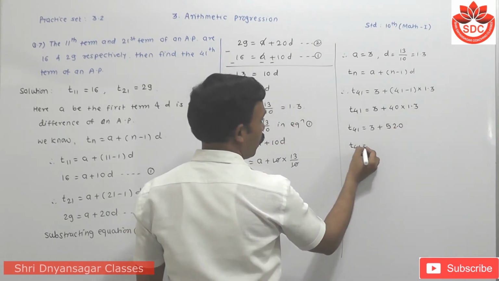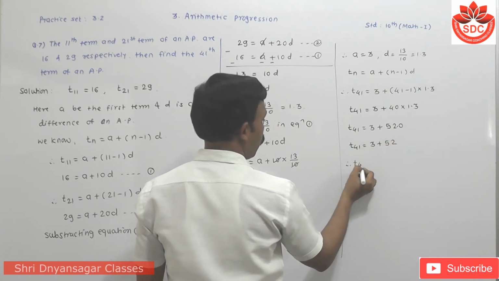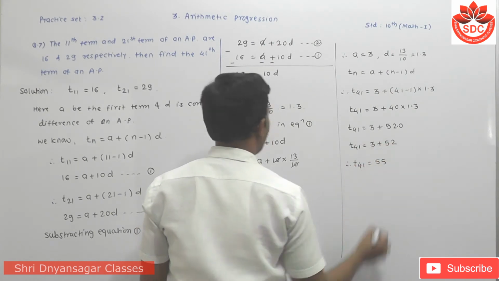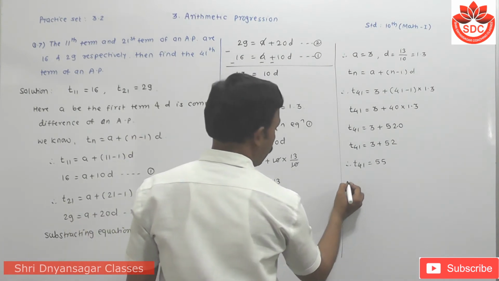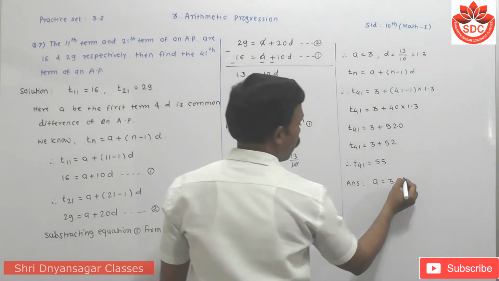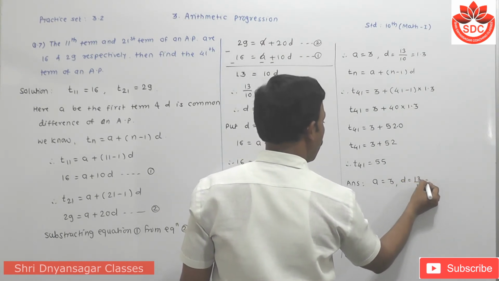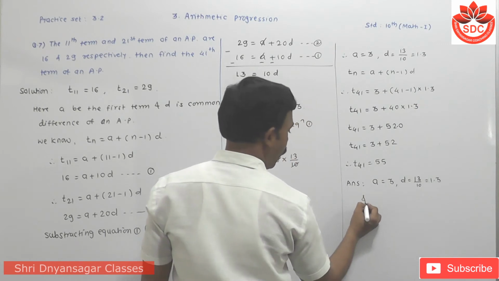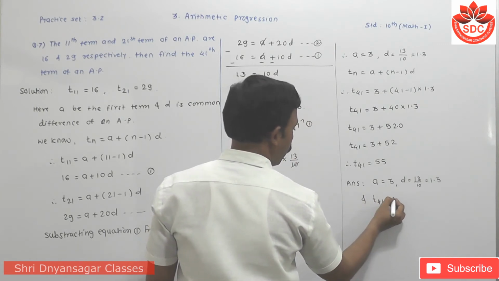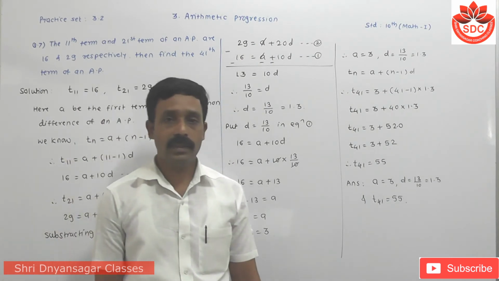Then t41 is equal to 3 plus 52, means t41 is equal to how much? 55. So the answer in full sentence: a is equal to 3, d is equal to 13 upon 10 or 1.3, and t41 is equal to how much? 55. Can you understand this?